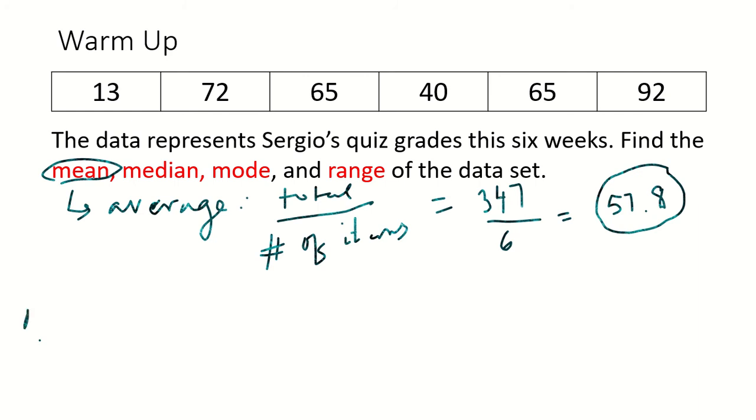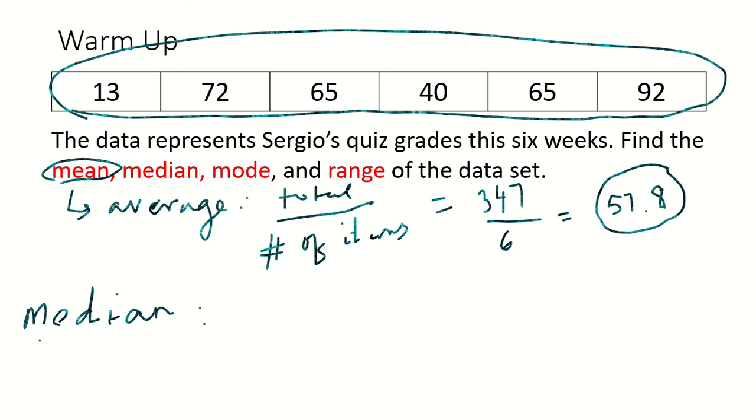All right, the median next. The median, you should know that word, doesn't it sound a lot like middle, like medium or middle? The median is basically where we take all of these numbers, pull them out, and put them in order first, from smallest to greatest. So I'm going to order these quizzes.